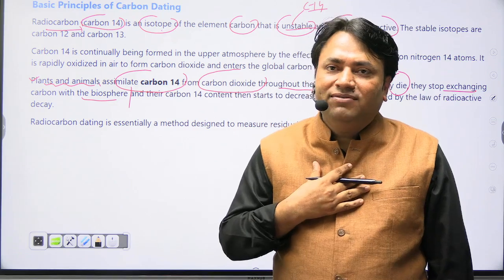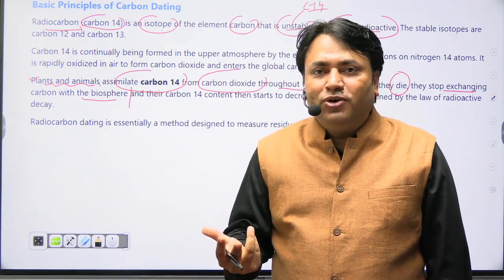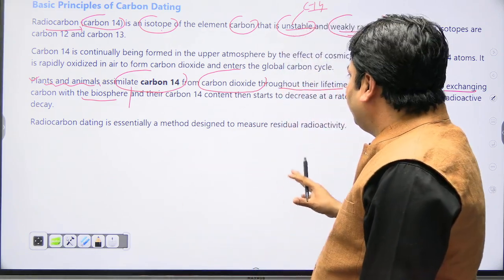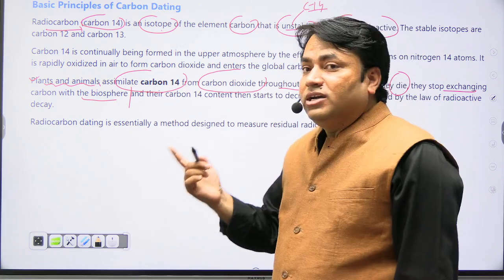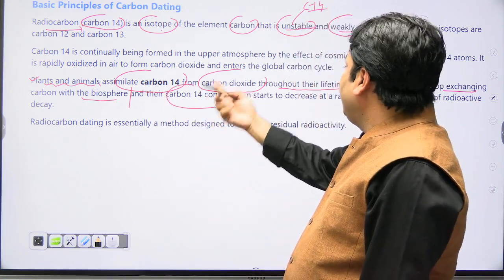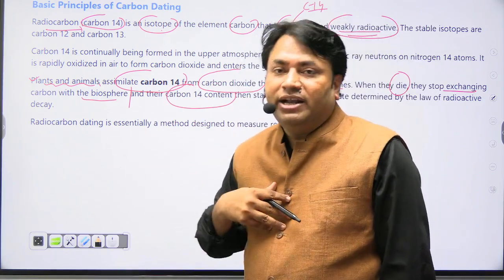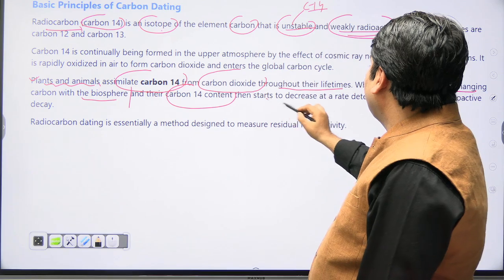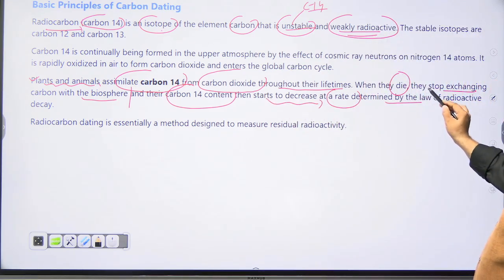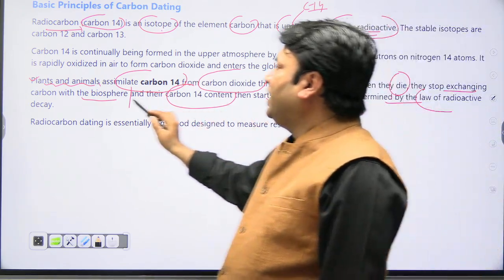Until we are alive, we are assimilating carbon 14, but when we die, this process stops. Now the carbon 14 content which has already been assimilated starts to decrease at a rate, and this rate is determined by the law of radioactive decay.